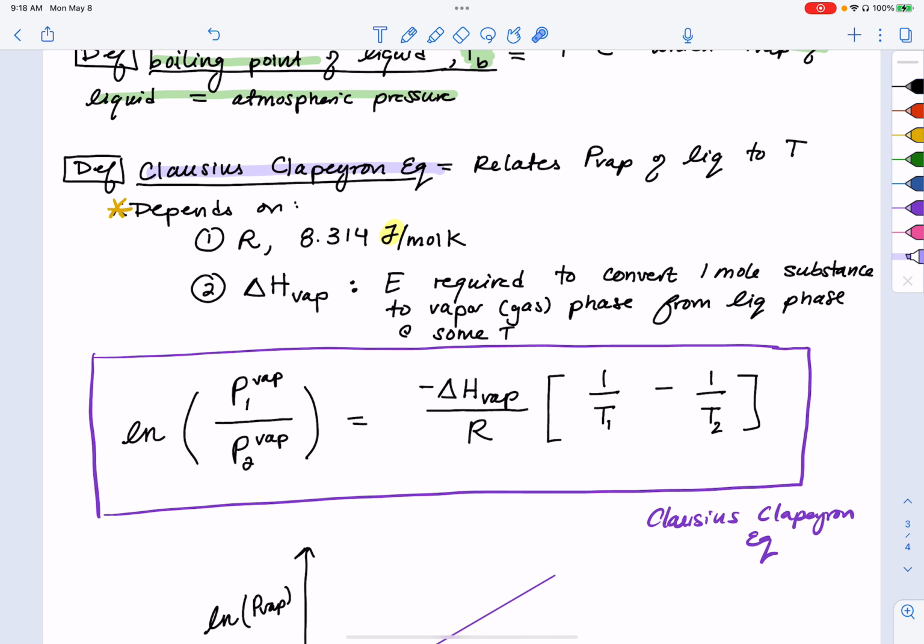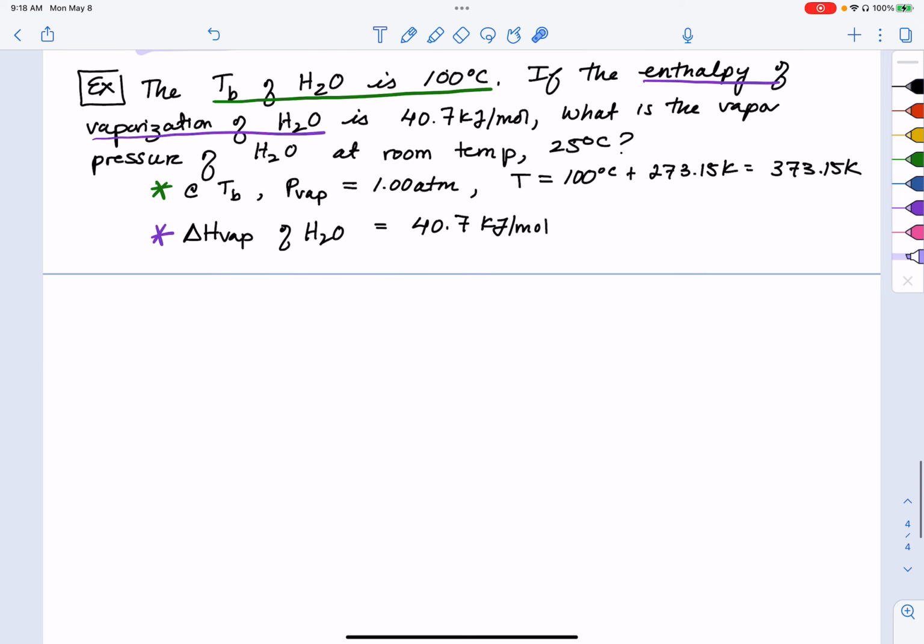This wants us in joules, so we need to ensure that this is put out of kilojoules into joules. So I'm going to multiply this by 1,000, or keep it as 4.07 times 10 to the, I believe that's 4, joules per mole. Okay, now let's check. One, two, three, four. Yep. Yay. Okay.